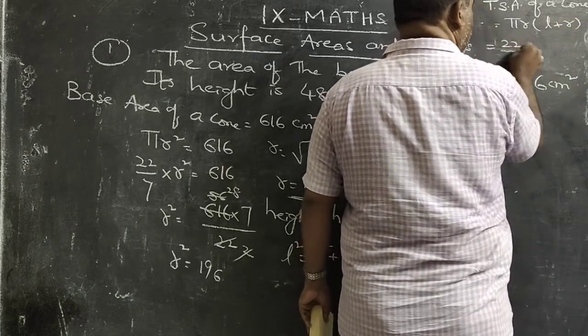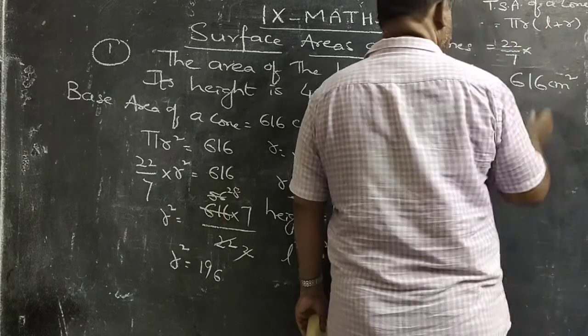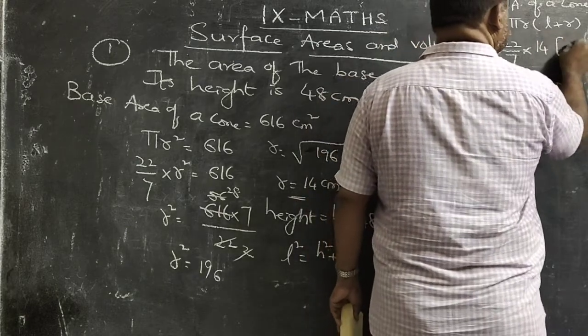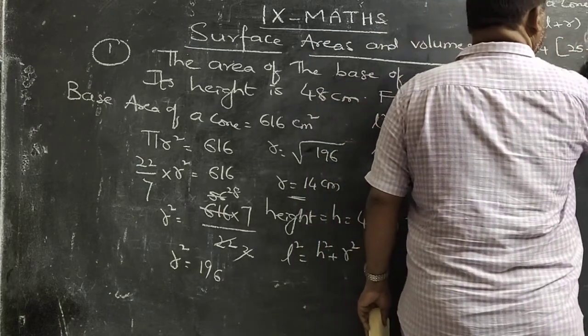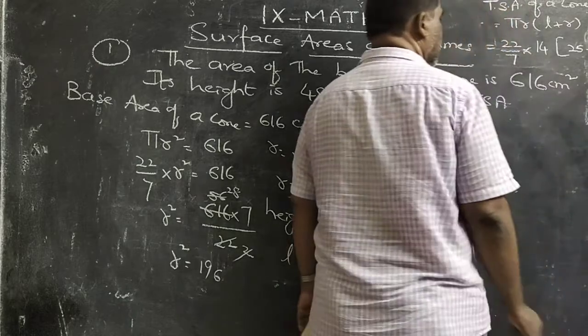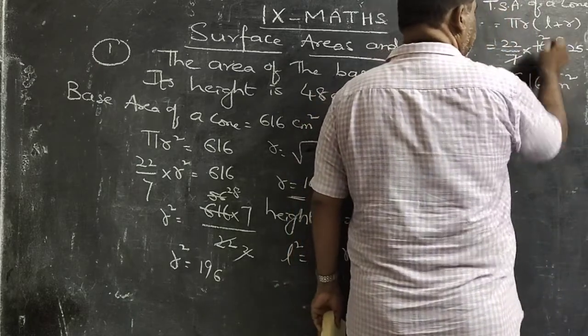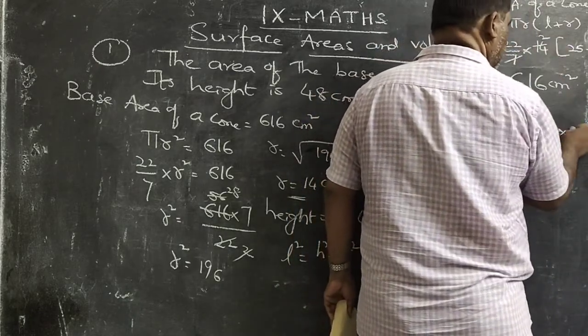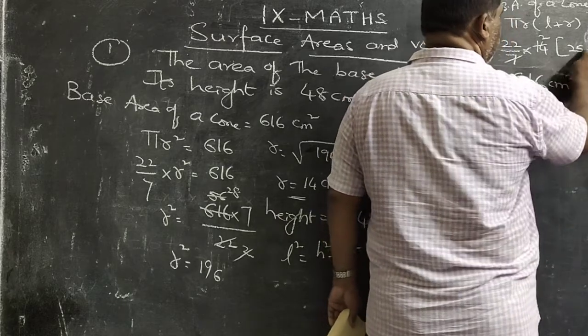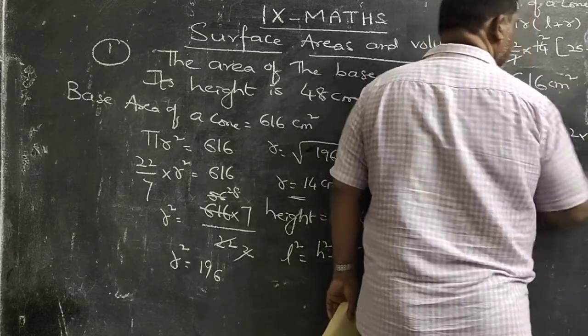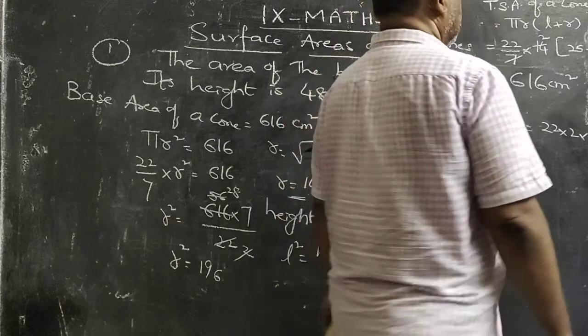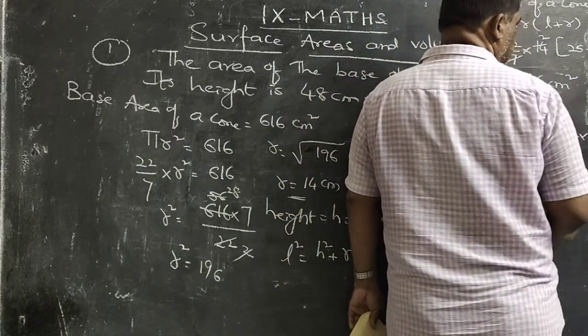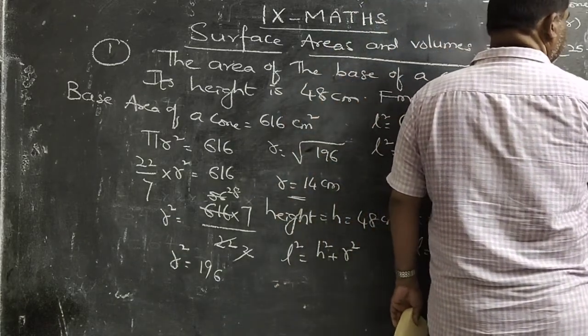Pi is 22 by 7, radius is 14, slant height is 25 plus 14. 7 2s are 14, it is 22 into 2 into 25 plus 14 is 39. 22 into 2 is 44 into 39.